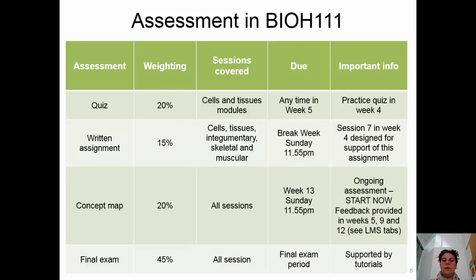There's a feedback loop provided in weeks 5, 9, and 12, and it is there just to provide you feedback on your maps. You need to submit 3 separate maps in week 13, and in week 5 you can submit map 1 for feedback. In week 9 you can submit map 2 for feedback, and in week 12 you can submit map 3 for feedback.